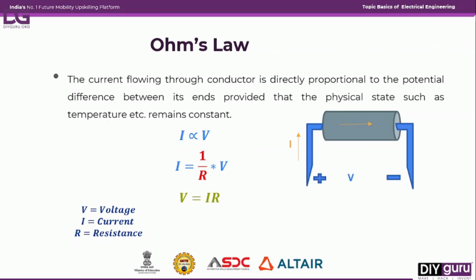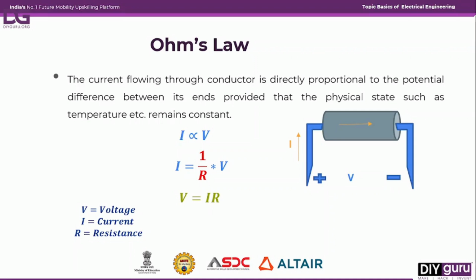If you want to mathematically show Ohm's law, here the current I is directly proportional to V. If you remove this proportionality, a proportionality constant will come in, and that is the resistance. So finally we can write it as I is equal to V by R, or V is equal to IR, where V is the voltage, I is the current, R is the resistance.